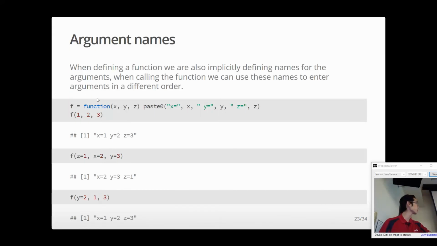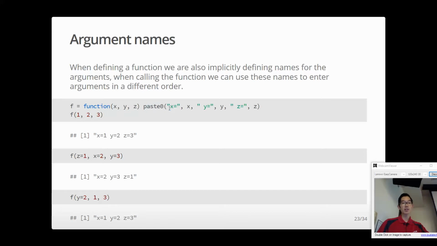With functions, you can supply argument names. And so here, the argument names are x, y, and z. And this is just a really dumb function.